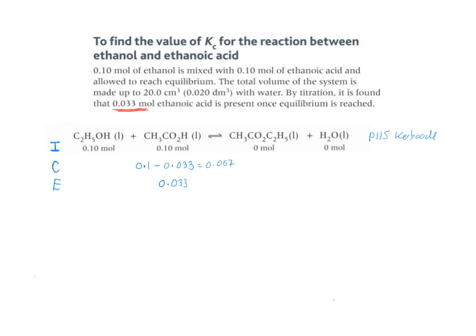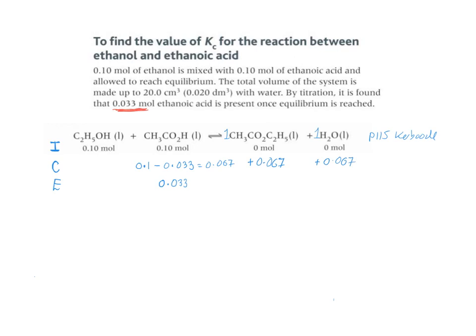It therefore follows, because this reaction is in a 1 to 1 to 1 ratio, so we've got 1 mole of this, 1 mole of this, forming 1 mole of the ester and 1 mole of water. It therefore follows we must have actually formed 0.067 moles of the ester, and therefore we've also formed 0.067 moles of the water because they react in a 1-to-1 ratio.